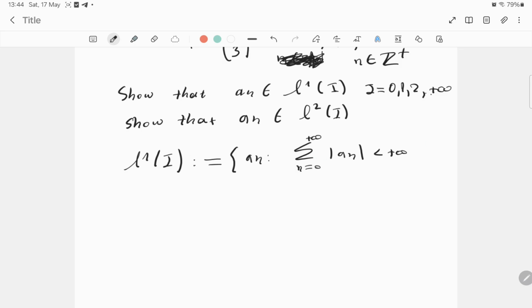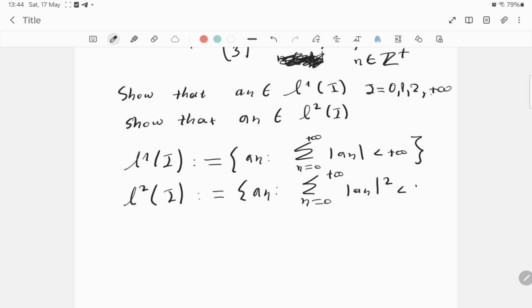When you take the sum from 0 to infinity of the absolute value of the terms in the sequence, this is less than infinity. And little l2, you have a sequence a_n such that when you take the sum from 0 to infinity of a_n squared, this remains a bounded quantity.